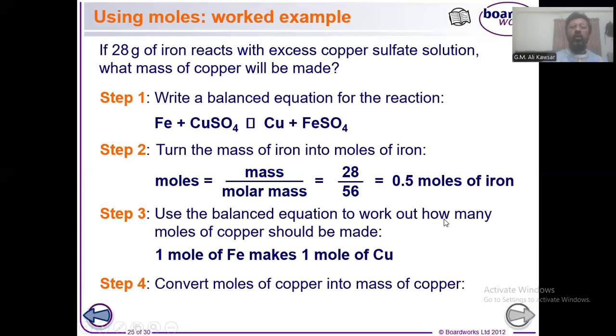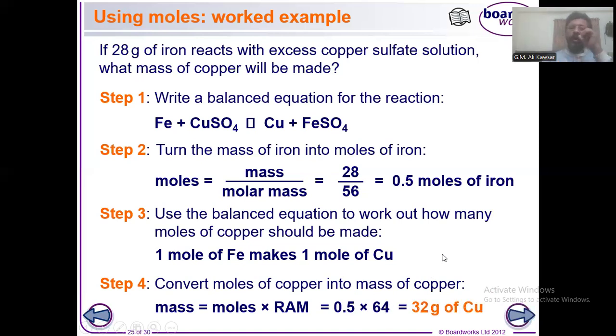Here the unitary method is shown for iron and copper. If 1 mole of iron is used, then 1 mole of copper should be formed. So if 0.5 mole of iron is used, then 0.5 mole of copper should be formed. If you convert it into mass, you have to multiply it by the relative atomic mass of copper, which is 64 and is given in the periodic table. So 32 gram of copper will be formed.